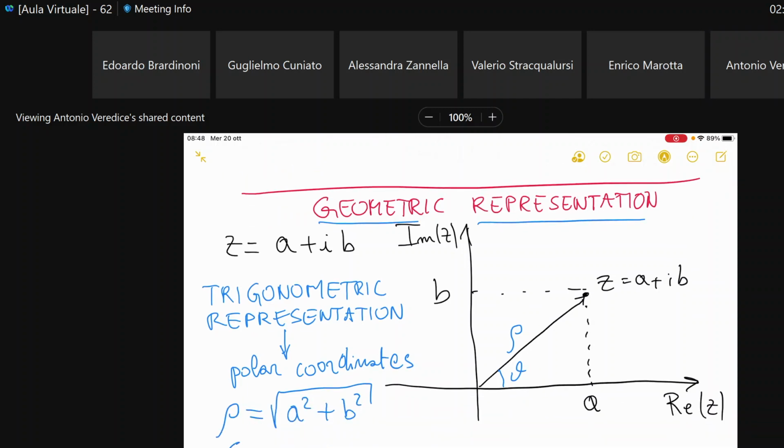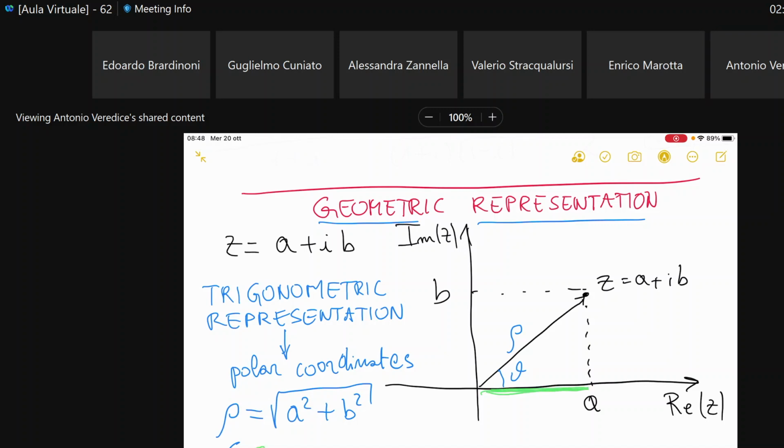You have to recall something of trigonometry. So what is the link between A, B, rho, and theta? The link is that A is the length of this segment, the green one.